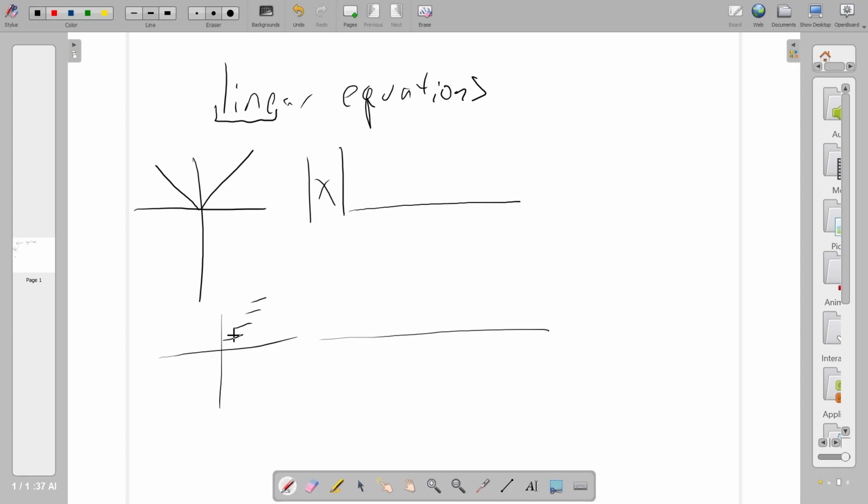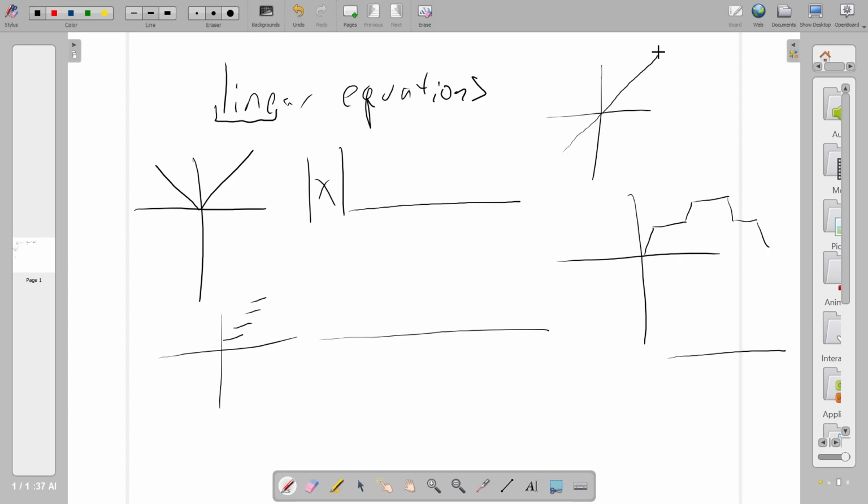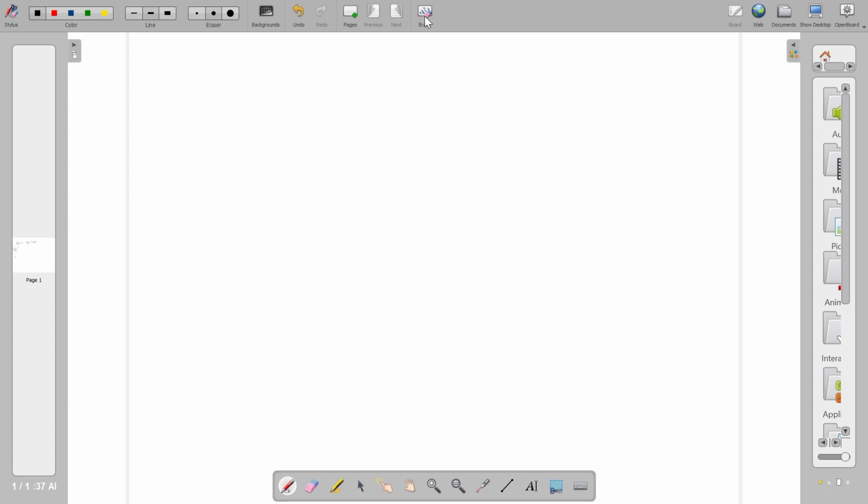But these are all lines. And then we have a type of graph that goes maybe like this, something like that. That is a type of graph that you guys should all know that we have talked about. And a regular line like f of x equals x, right? So those are all linear equations. Now, we're going to go a little bit into exponential equations, in other words, equations with exponents.